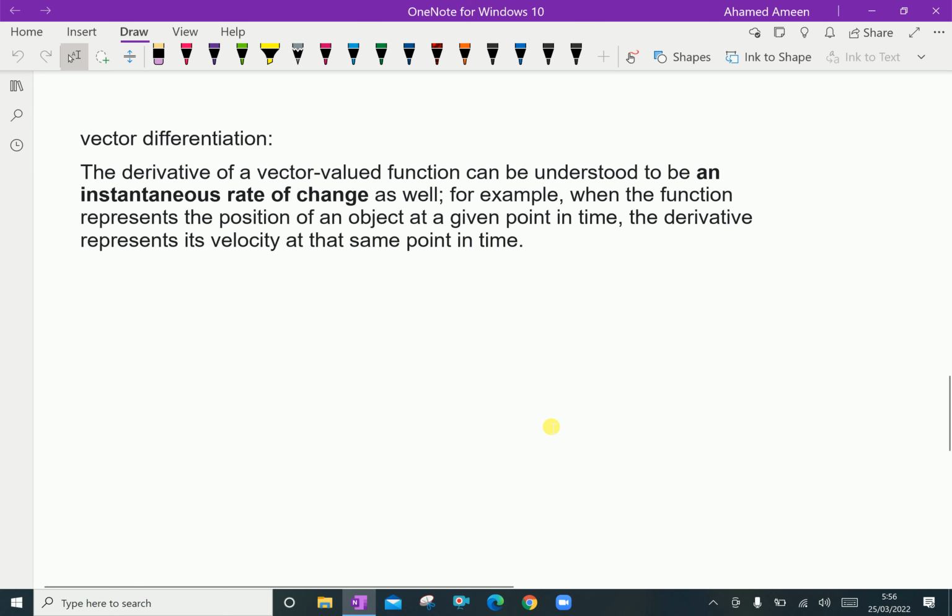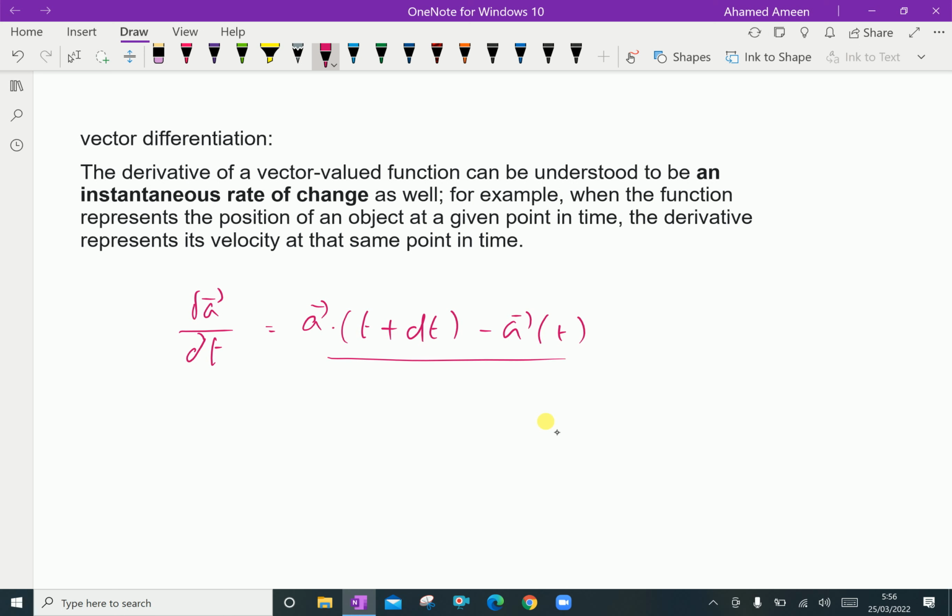For example, here delta vector a over delta t, that means change in vector a with respect to time, can be represented as vector a of t plus a little change in time delta t, minus vector a of t, over delta t. This is a representation of differentiation of vector a with respect to time.